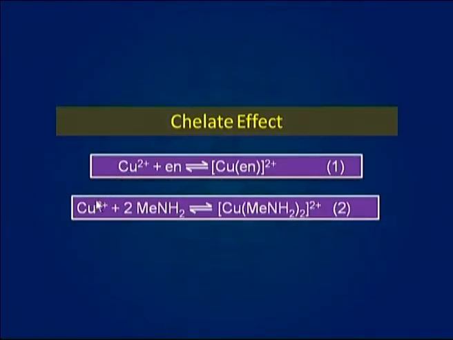Under conditions of equal copper concentrations, and when the concentration of methylamine is twice the concentration of ethylene diamine, the concentration of complex 1 will be greater than the concentration of complex 2. Now, this effect increases with the number of chelate rings.